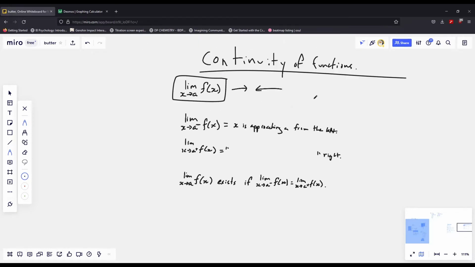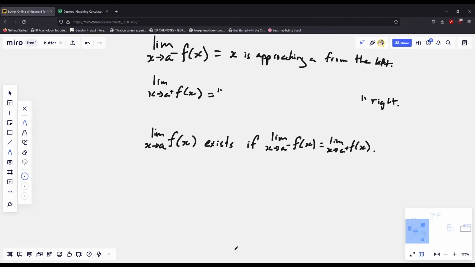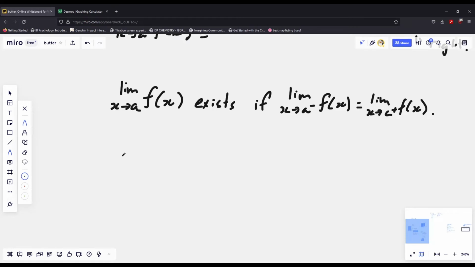But we're looking at the continuity of functions. What does this have to do with that? Well, a function's continuity is defined based on this idea.